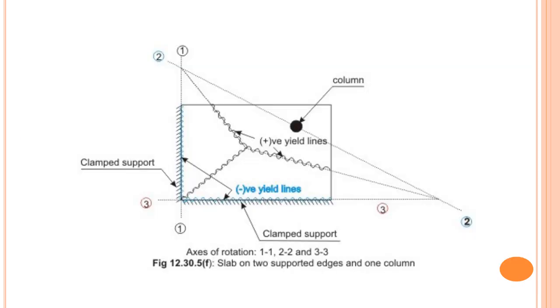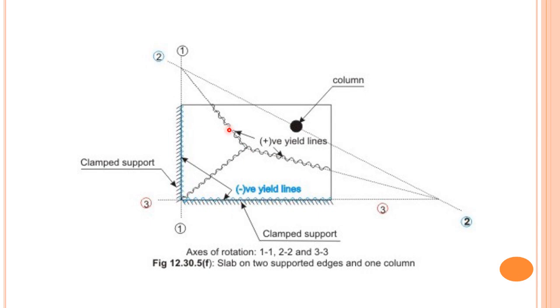Next, here is a slab supported on edges on two sides and with one column. The support is simply supported. Now, how do we draw the yield line pattern for this?